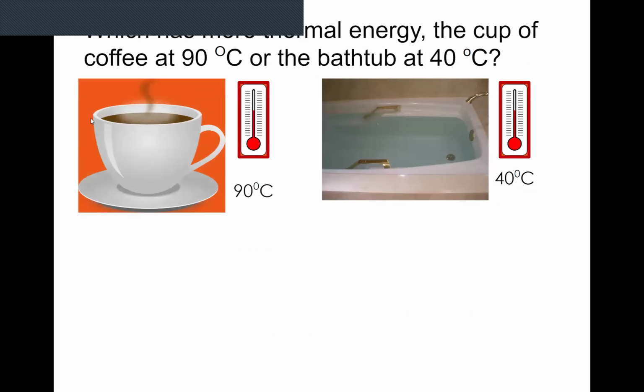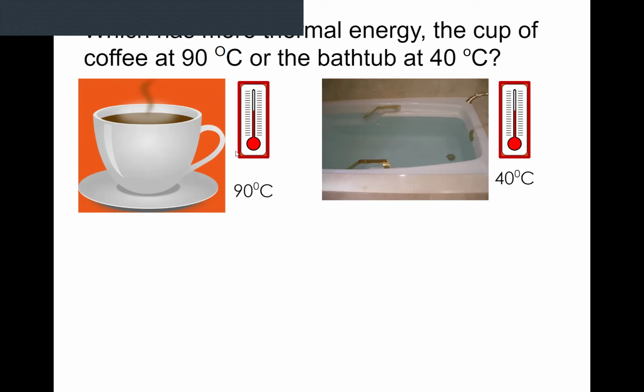Okay, here's a question. Which has more thermal energy? A cup of coffee at 90 degrees Celsius or a bathtub at 40 degrees Celsius? 90 degrees is really hot, almost boiling. The bathtub at 40 Celsius is about 100 degrees Fahrenheit, so a nice warm bath.